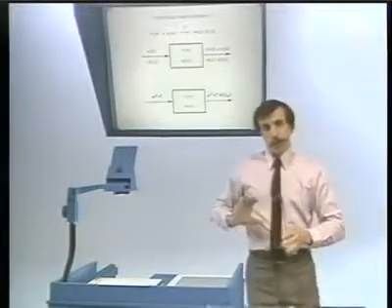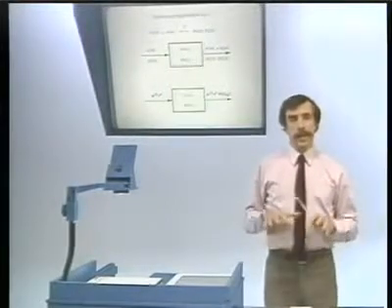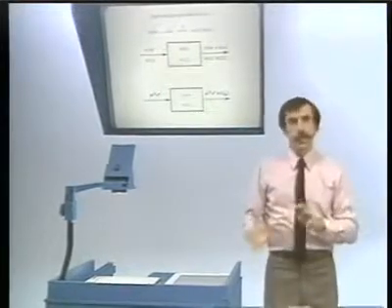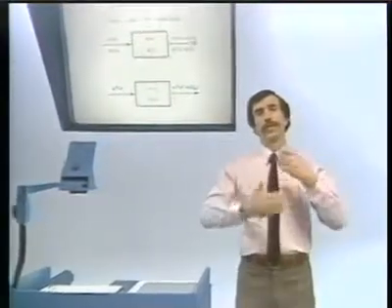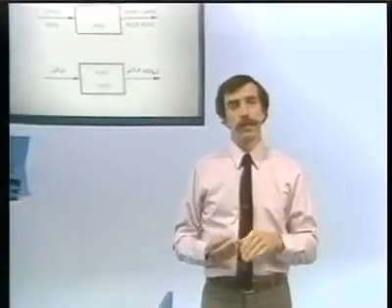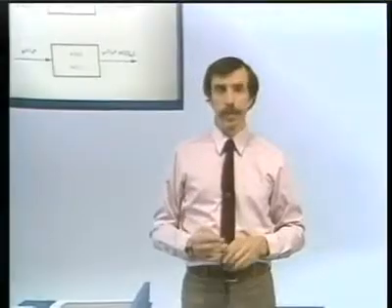Now, we saw exactly the same statement in continuous time. And in fact, we used that statement, the frequency response interpretation of the Fourier transform of the impulse response, to motivate an intuitive interpretation of the convolution property.